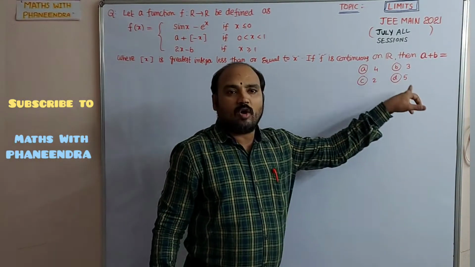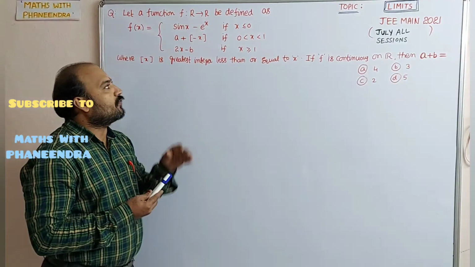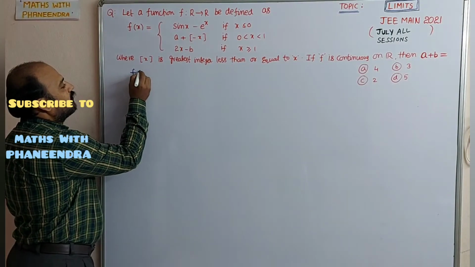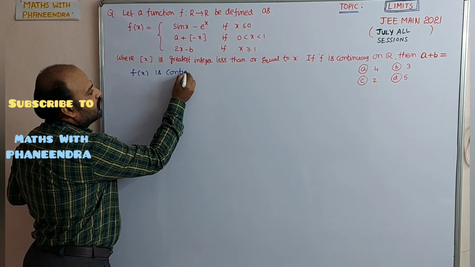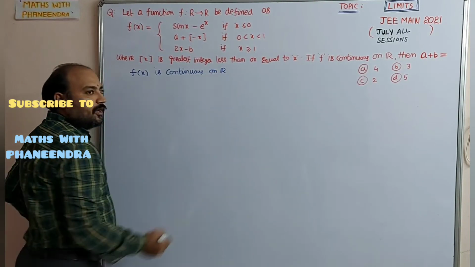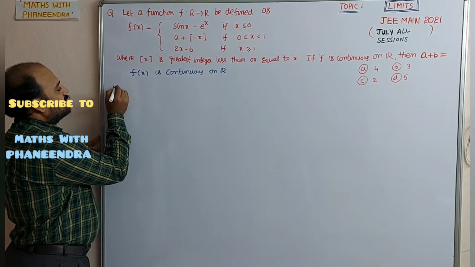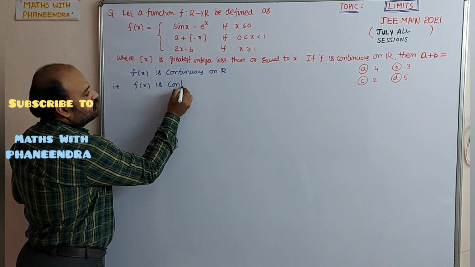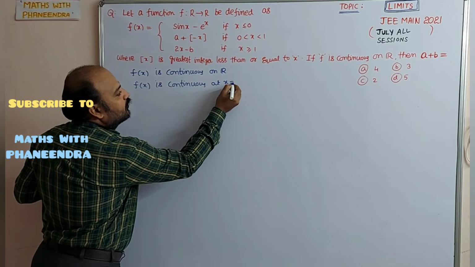So continuous on R, so x is equal to 0, x is equal to 1, both belong to R. So the function f of x is continuous on R. First I am considering x is equal to 0. That is, f of x is continuous at x is equal to 0.